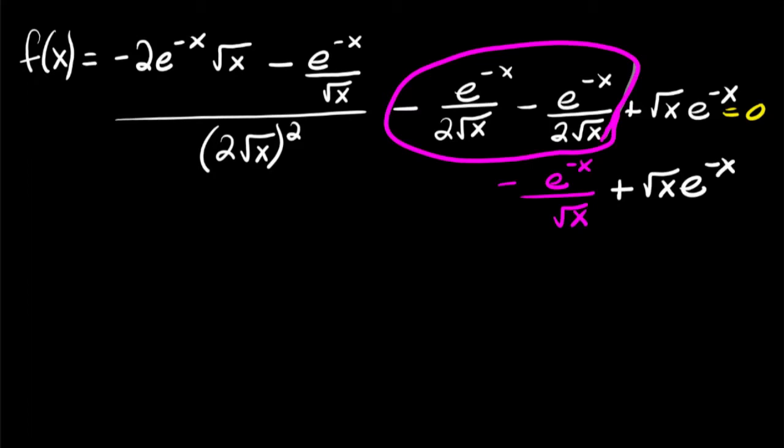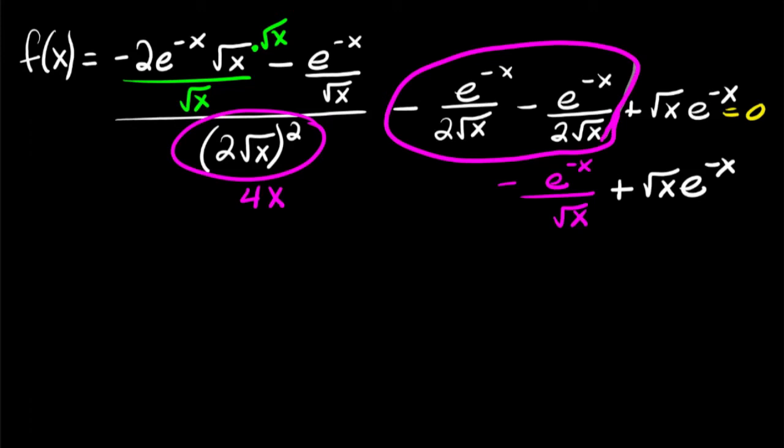Now this huge monstrosity, my goodness, let's deal with this guy. If I square it, I would get 4x. Here on top, we might as well just turn that into a single fraction. So here the LCD would be square root of x, so I could multiply top and bottom by square root of x.